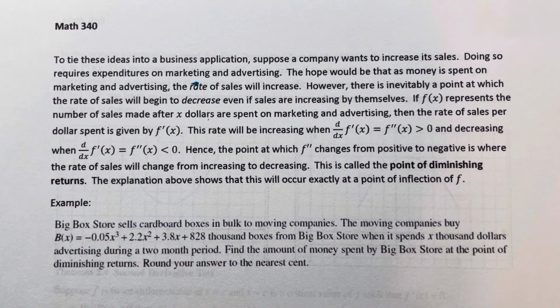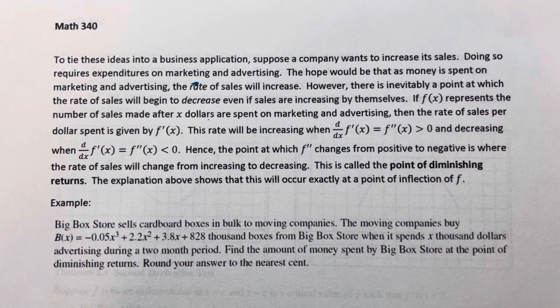But a negative or a decreasing rate of sales does not mean that the sales themselves are decreasing. It means the rate at which you are selling your product is slowing down. So for example, if during week 1, I'm selling at a rate of, say, 500 units per dollar spent, and then in week 2, I'm selling 300 units per dollar spent, I'm still selling products.